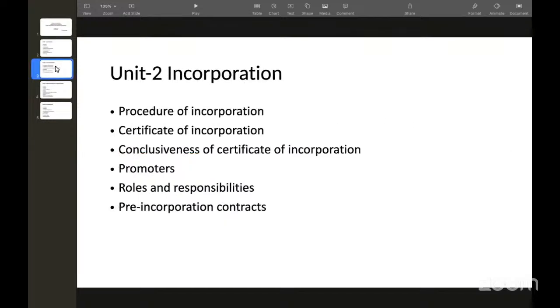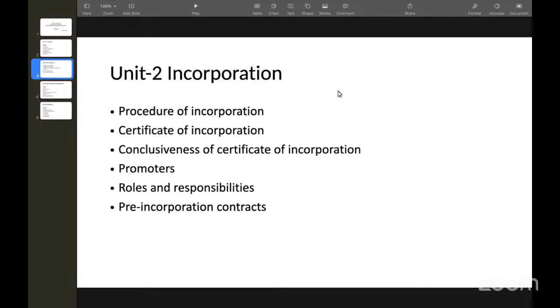Next, we'll have the overview of unit 2, that is incorporation. Procedure of incorporation. There are key stages in the incorporation process. There are 8 in total. First is choosing the type of company. Second is selecting a name.